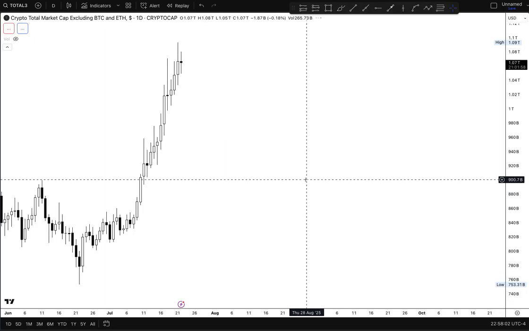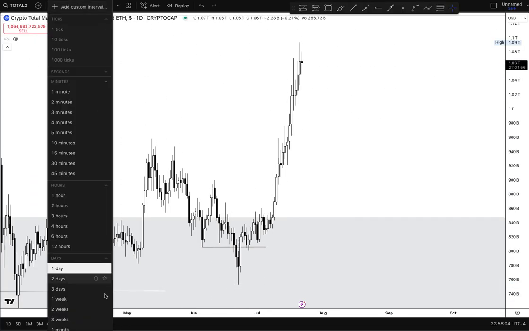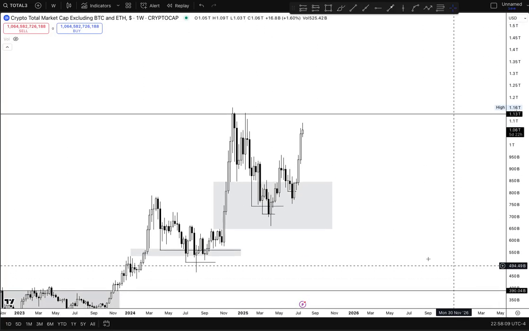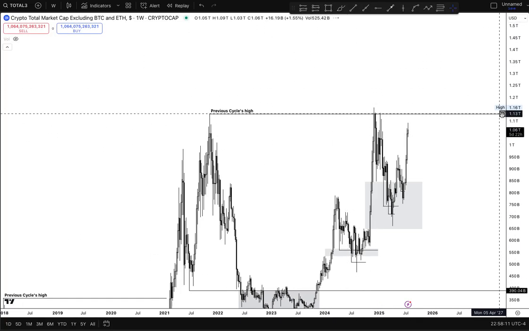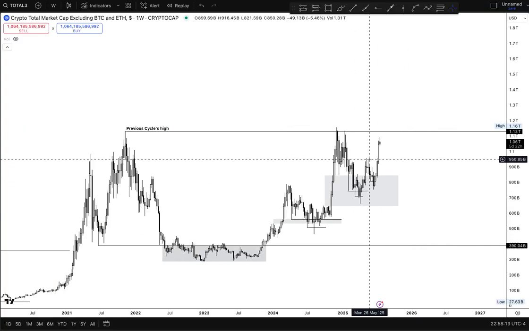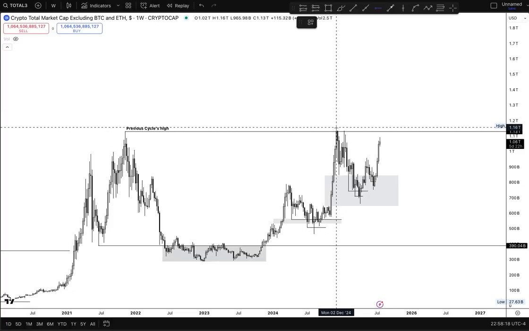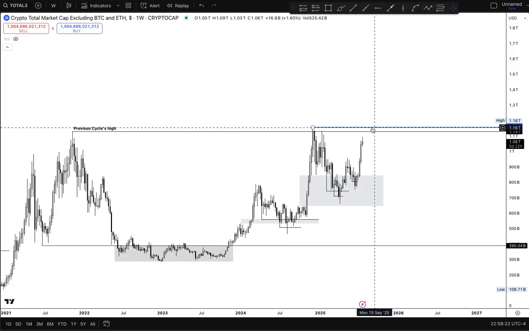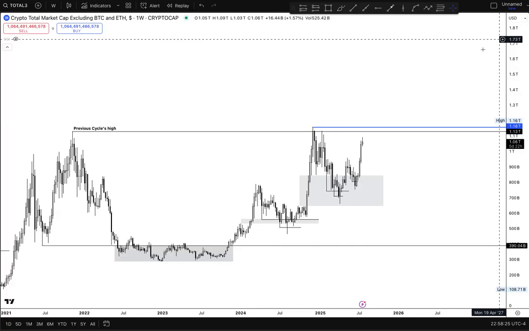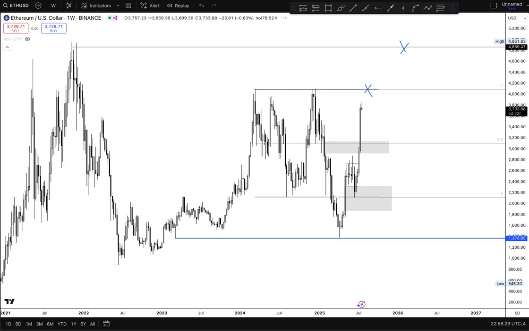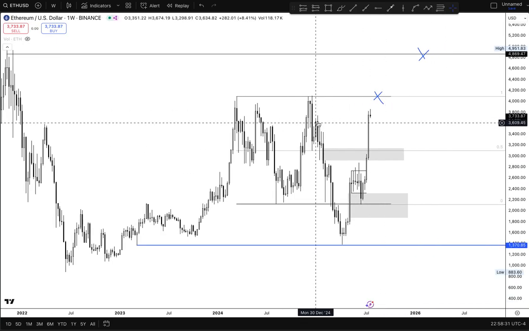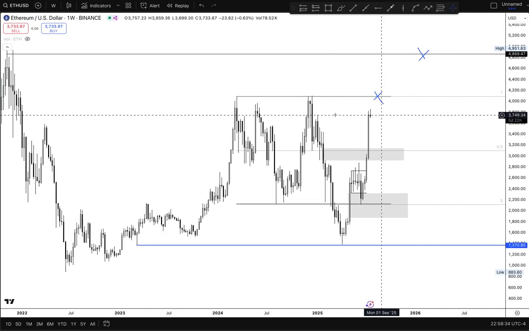If you look at the alts, this is making a move back to the all-time highs, which is this high right here. So we'll most likely go back to that all-time high level, and then for Ethereum, we're most likely going to see 4K here.